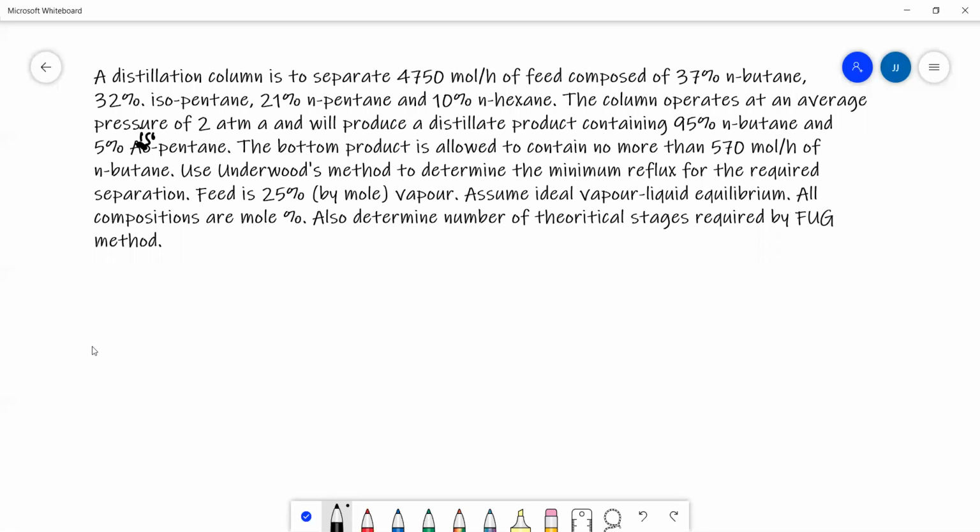So let me show first a distillation column. So this is the distillation column.